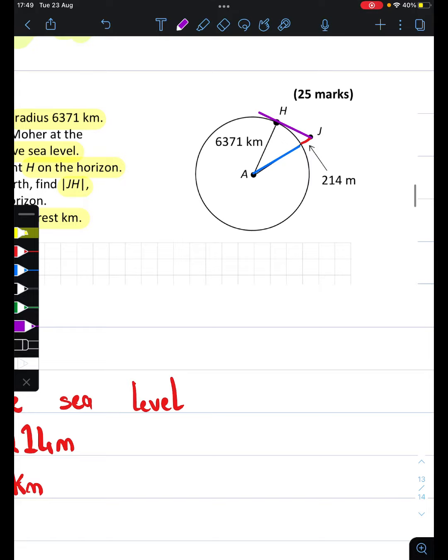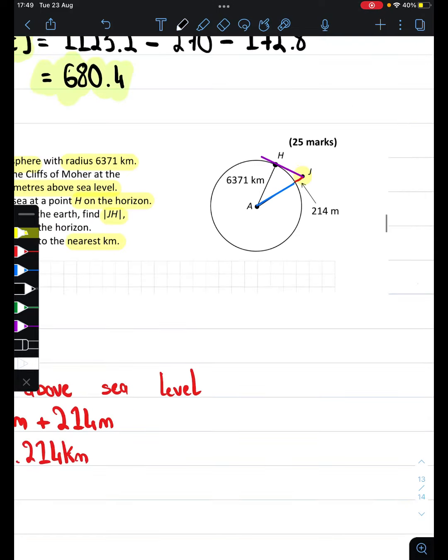It just about touches the Earth because it's the furthest point that a person standing at J can see. H is the furthest point. So JH just touches the Earth, so it's a tangent.